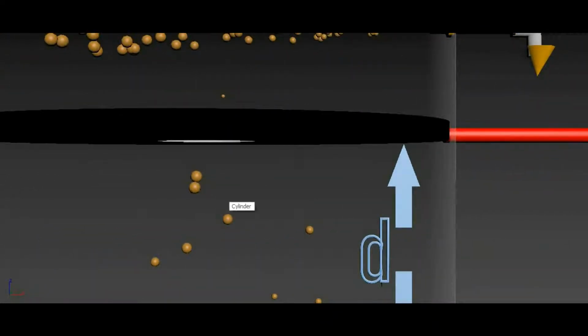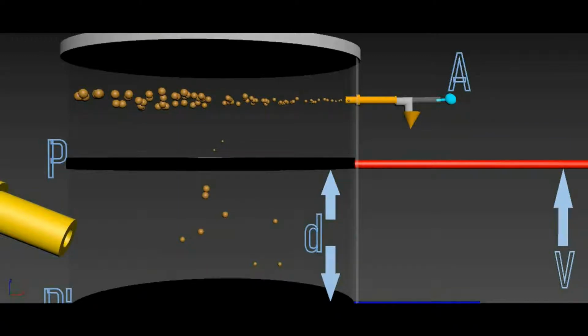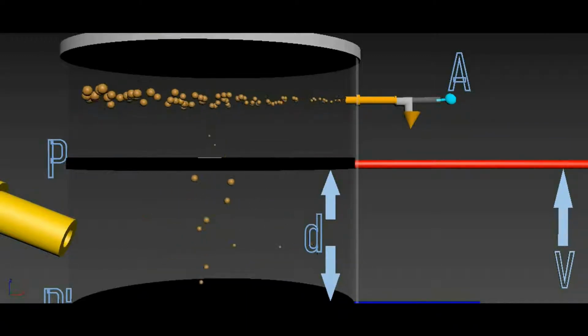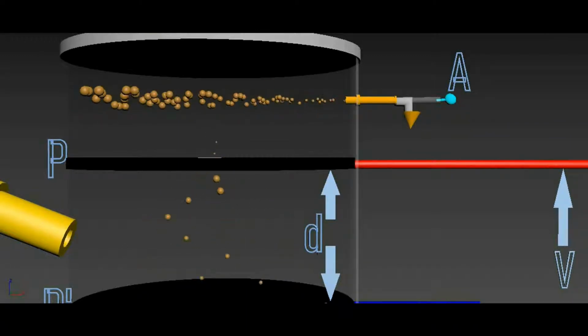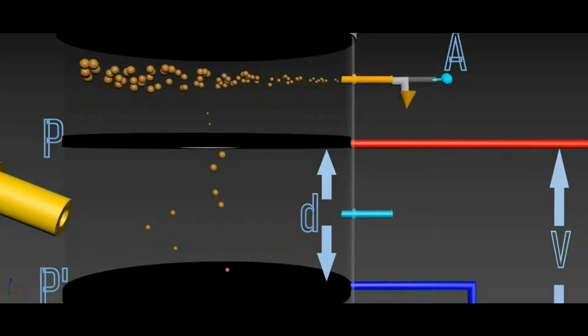In order to ionize that liquid, Millikan took advantage of X-rays. Ionize means to separate the particles into positive and negative ions. Then he observed the ion's motion through his microscope.